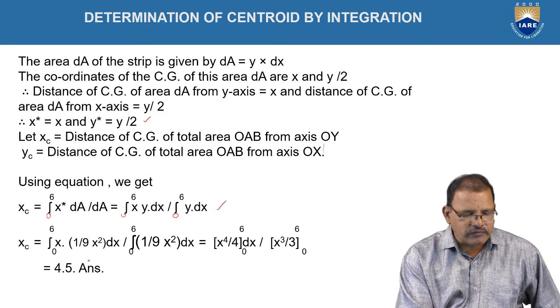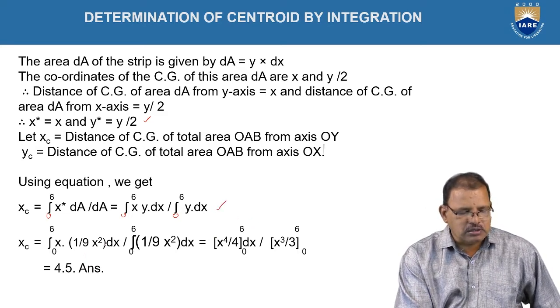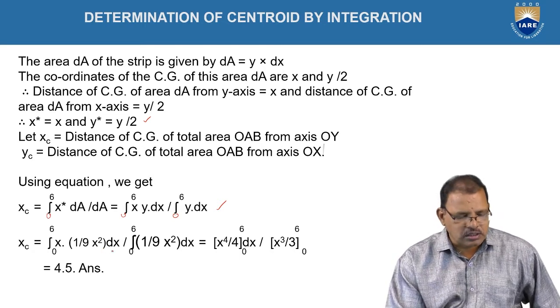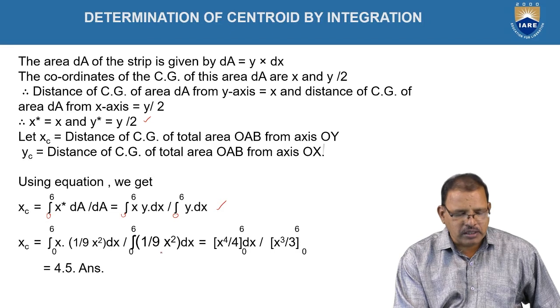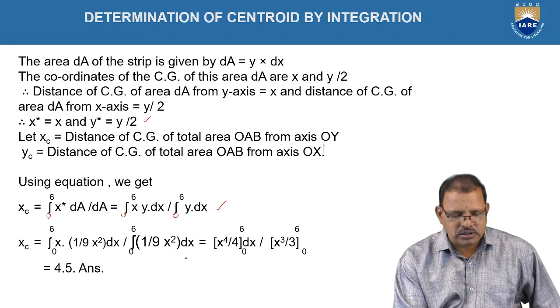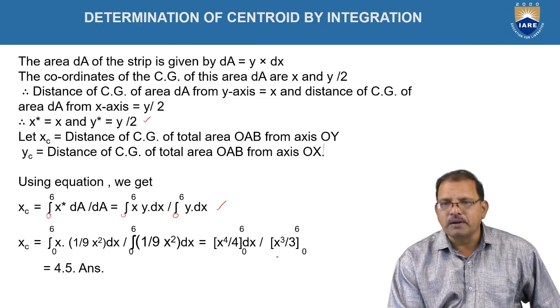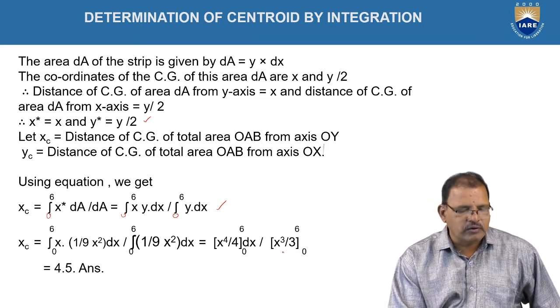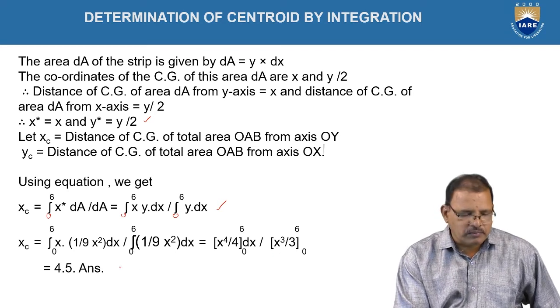So on simplification, we got x into dA is equal to 1 by 9 x square dx divided by integral from 0 to 6 of 1 by 9 x square dx. On applying this, after doing integrations and applying integration limits, we got xc is equal to 4.5 units.